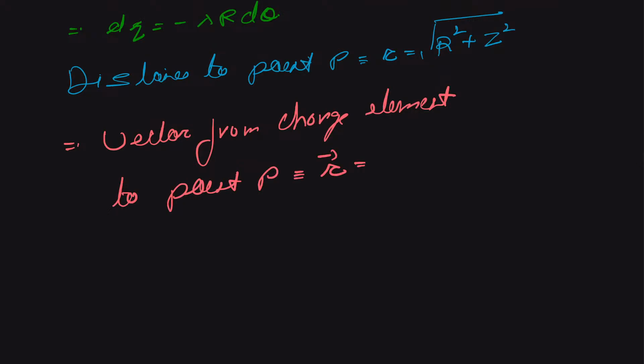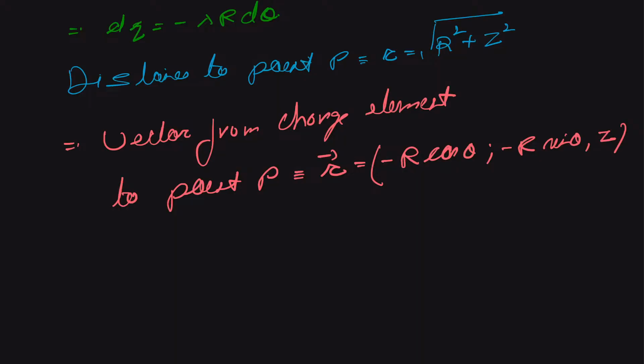This r vector will be equal to minus r cos theta, minus r sin theta, and this is our z.